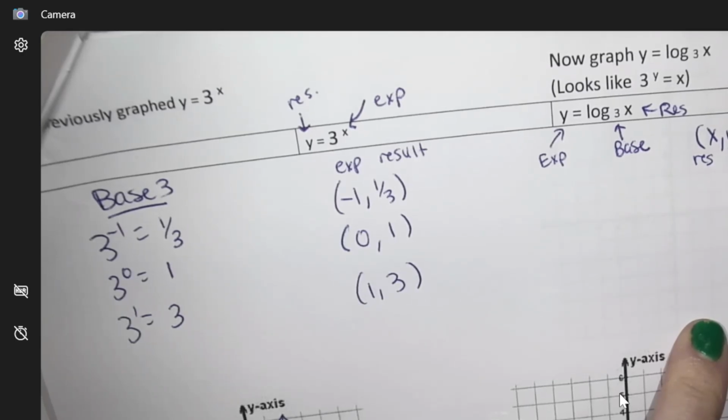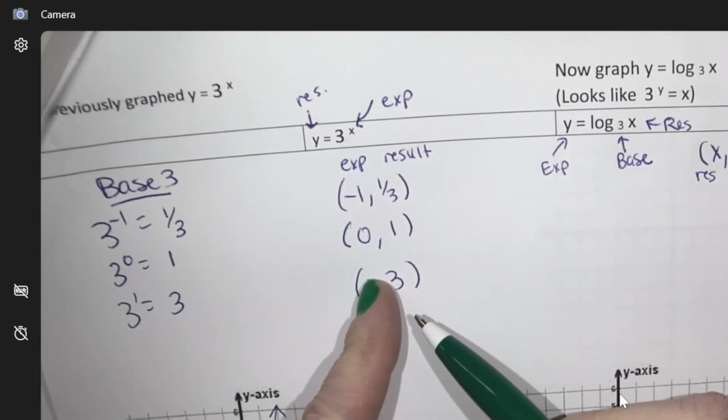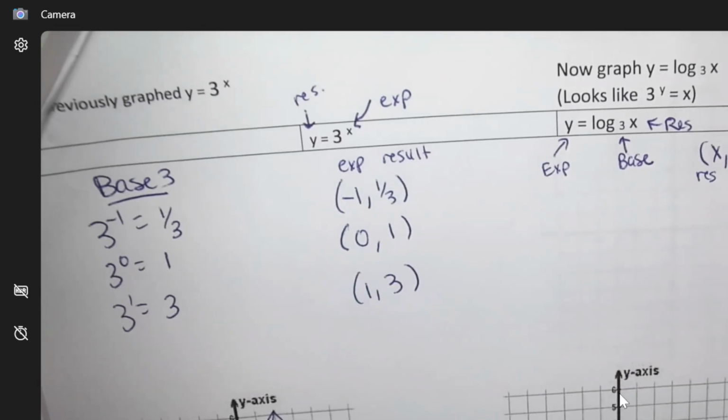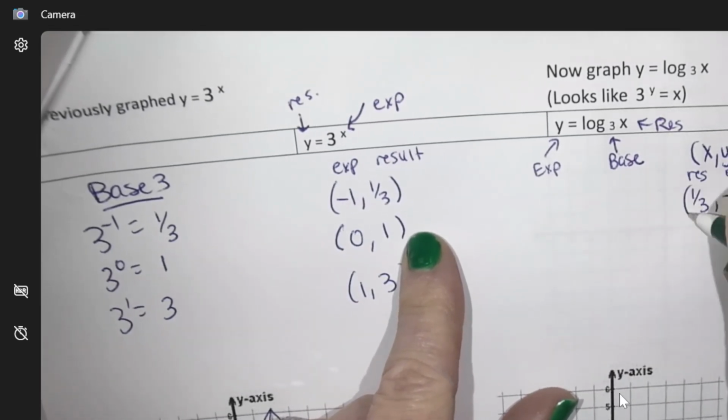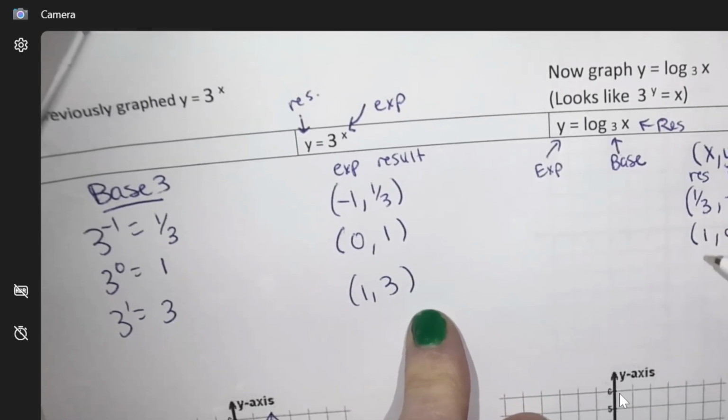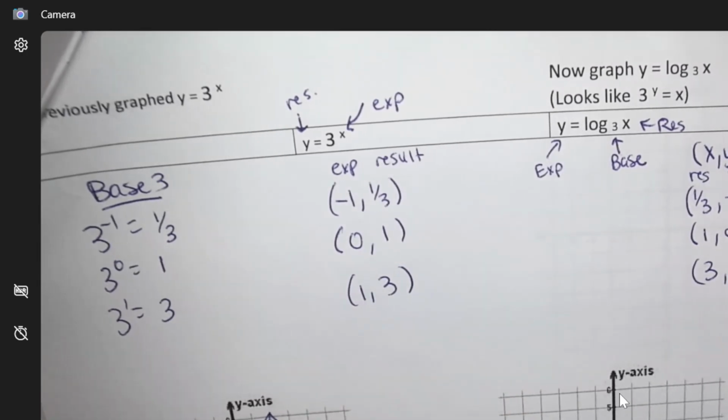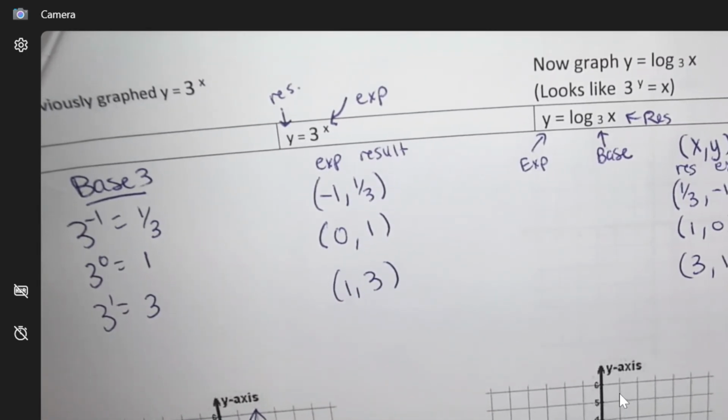So what do you think I'm going to do compared to what I did exponentially? They're just going to flip. So 1/3, -1, 1, 0, and 3, 1. Okay, so exponential or log, I always start the same way.